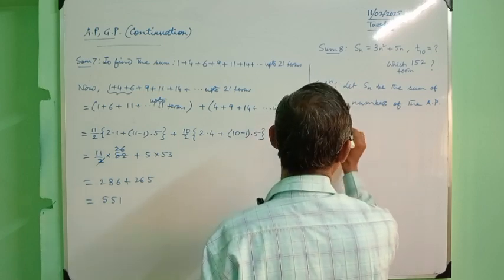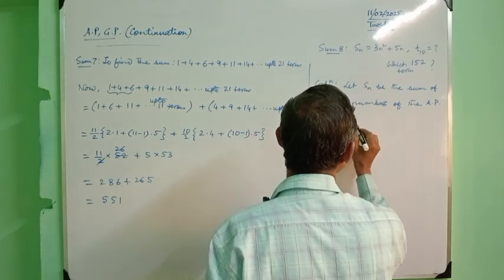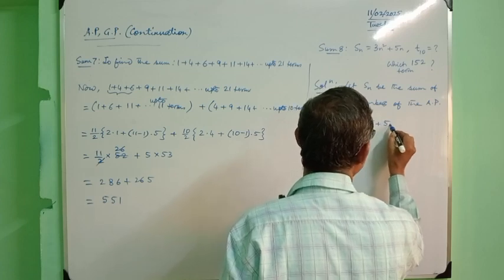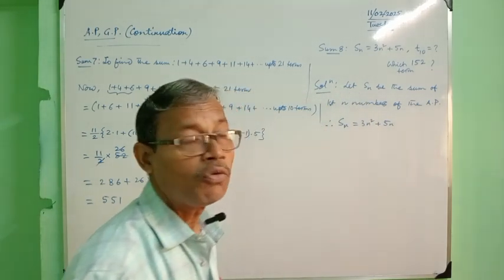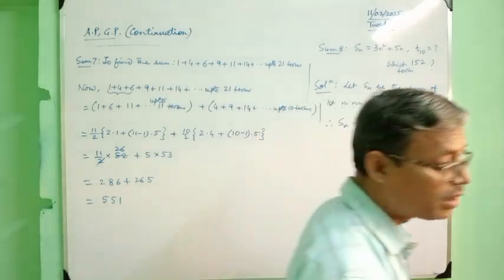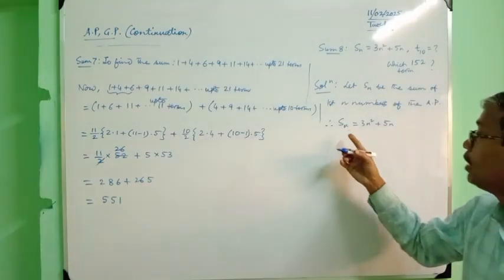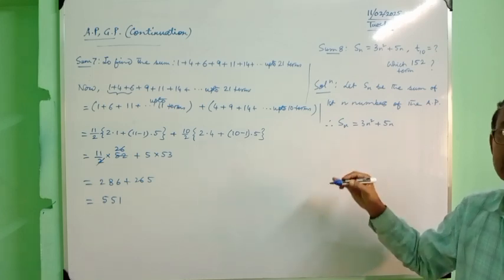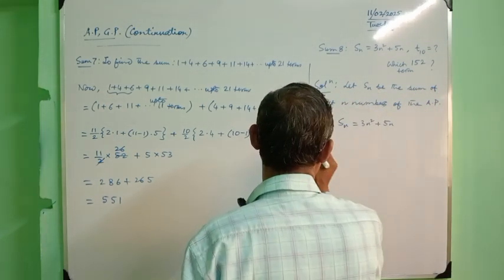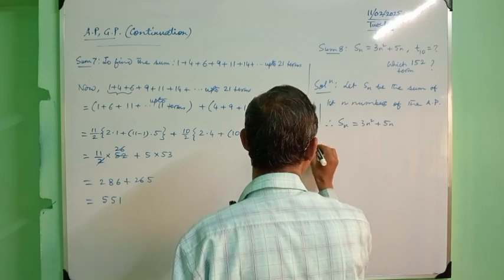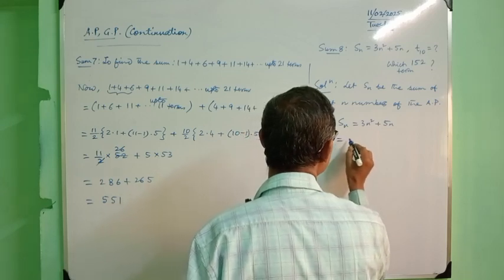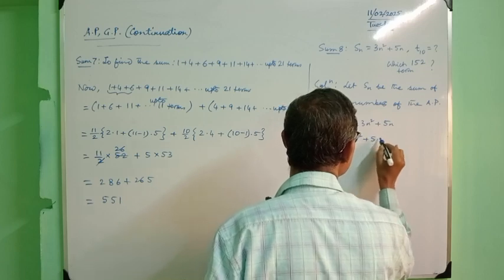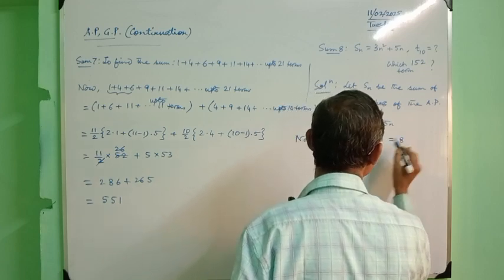Therefore, already I have written Sn equal to 3n square plus 5n. Now, if I put n equal to 1, 1 will indicate sum up to first term, that means first term. Now, S1 equal to 3 into 1 square plus 5 into 1, 8.